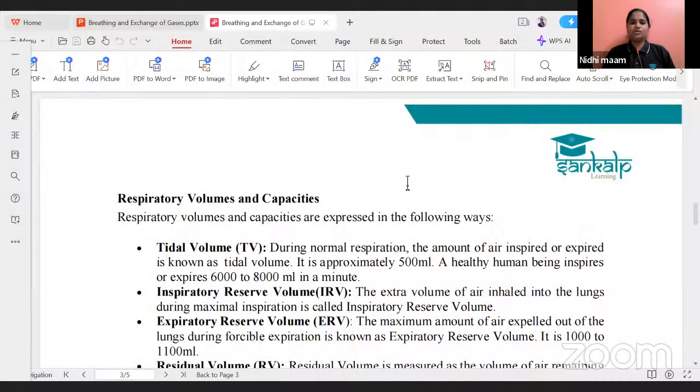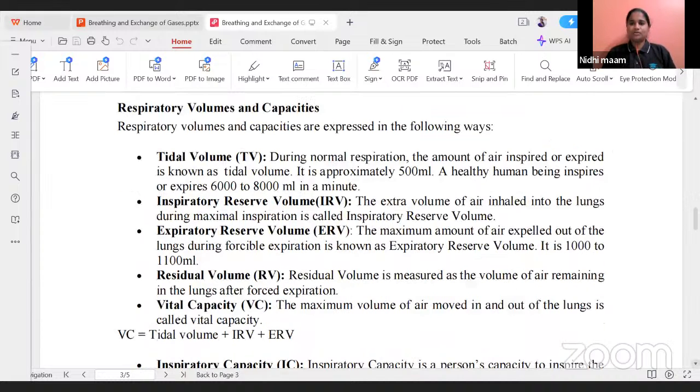Okay, here we have CET notes. Here you can see respiratory volumes and capacities. Here you can see tidal volume. So what do we mean by tidal volume?